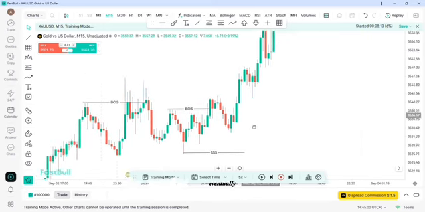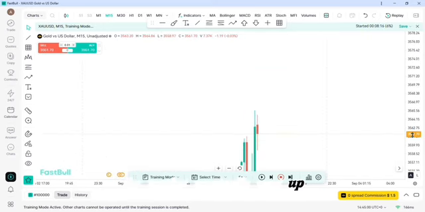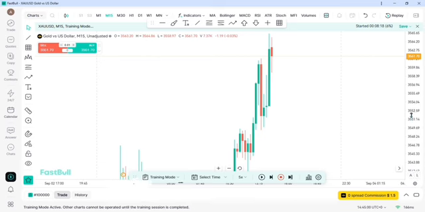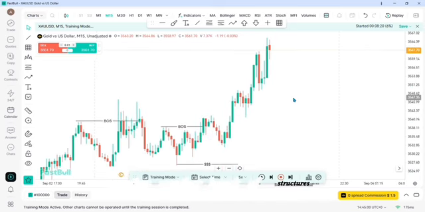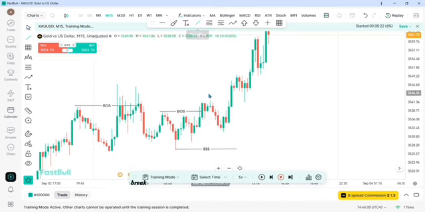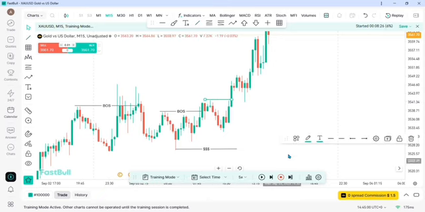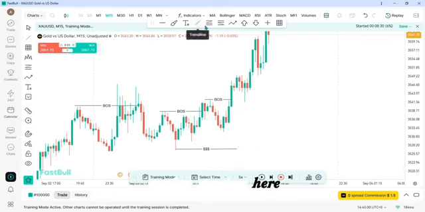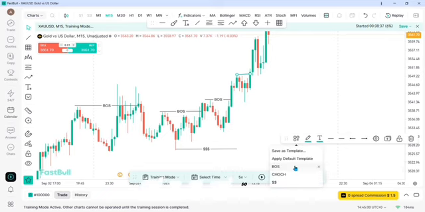The market eventually went up, creating another break of structure, another structure over here, another structure here, and so on and so forth.